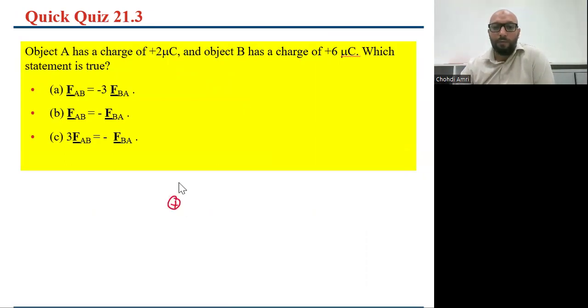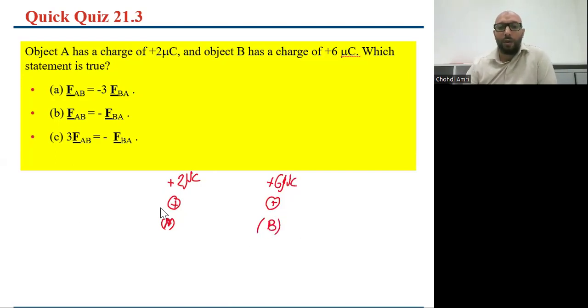We have +3 microcoulomb, let's say this is charge A, and +6 microcoulomb, let's say this is charge B. Positive and positive charge, they will repel each other. This is the force applied by particle A on particle B, and this is the force applied by particle B on particle A.